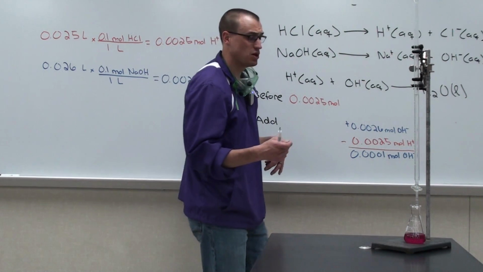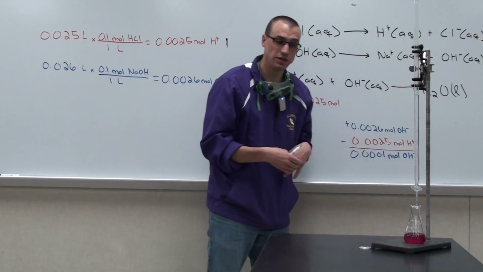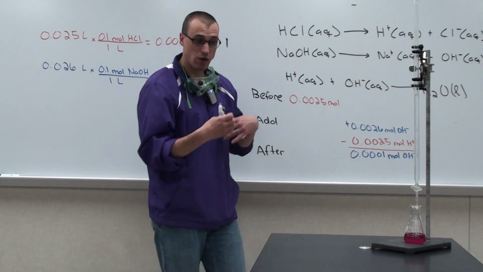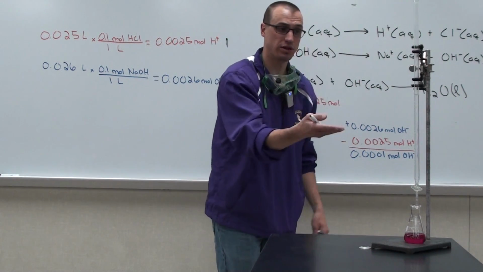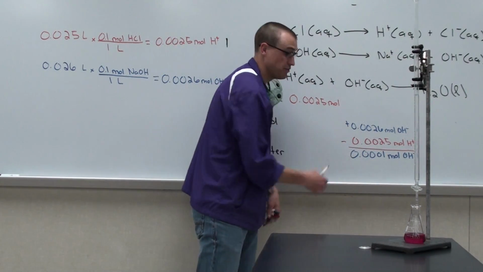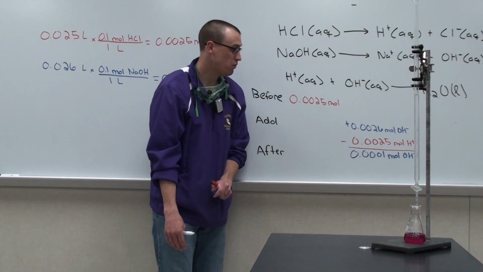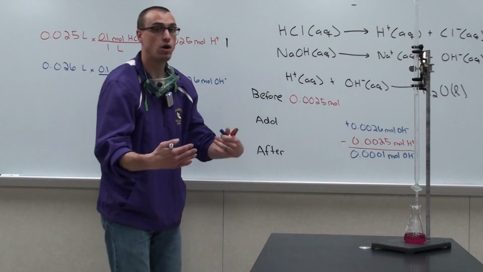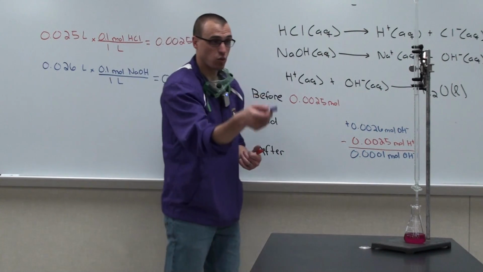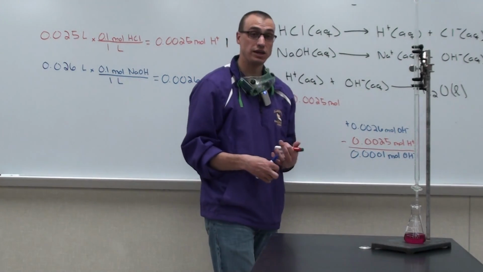So think about what happens. We started with 25 milliliters of HCl, and now we've added 26 milliliters of NaOH. So we need to take that 0.0001 moles and divide it by the total liters of solution. Again, we had 26 milliliters of NaOH added to 25 milliliters of HCl.